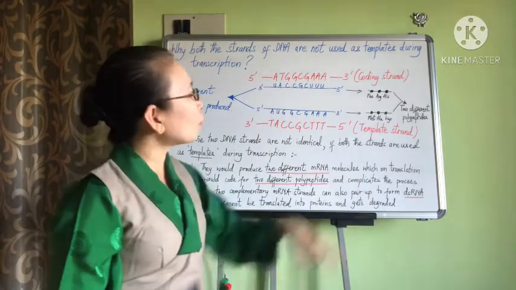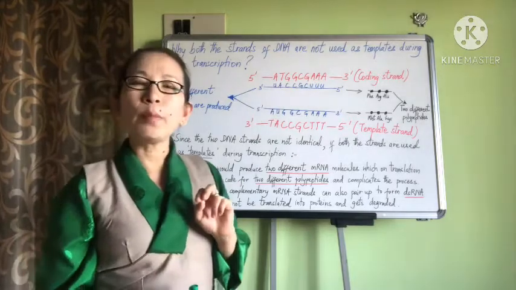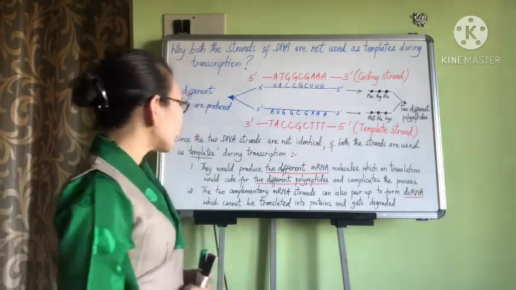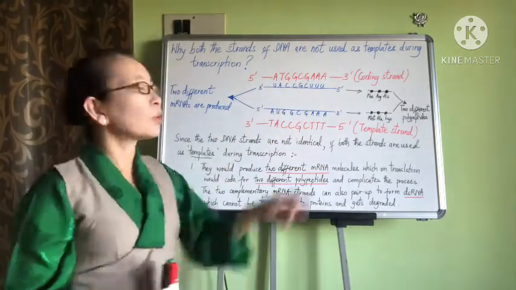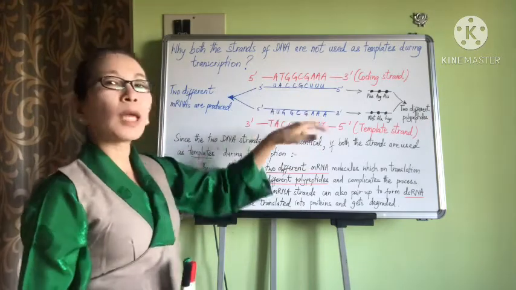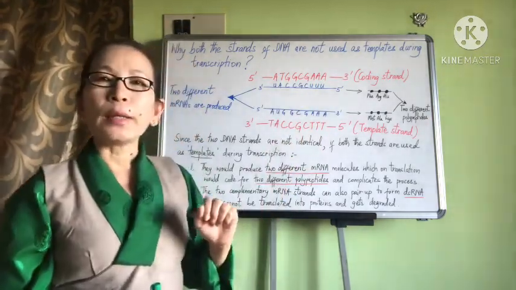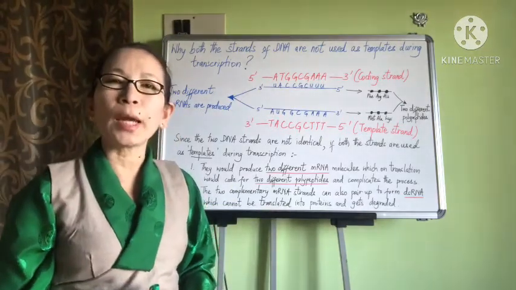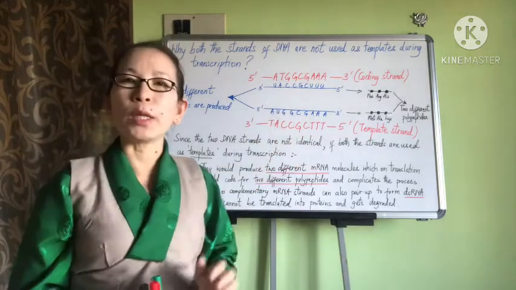Such a synthesis of two different polypeptides from the same region of the DNA at a time would only be complicating the process. Another problem is the two mRNA strands being complementary to each other, so they can pair up and form double-stranded RNA. And these double-stranded RNAs cannot be translated into proteins and are only to be degraded, making the whole process wasteful.